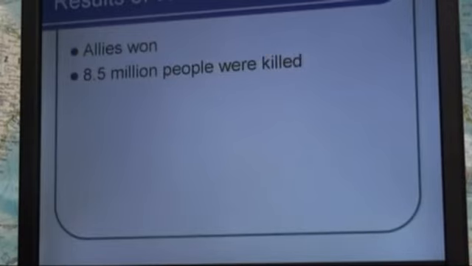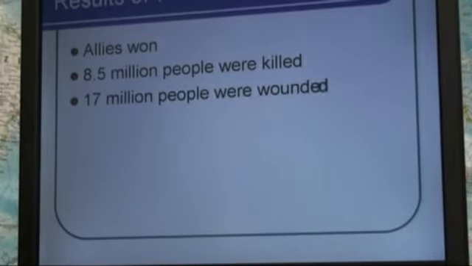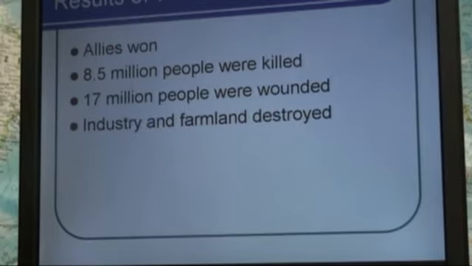Some of the results of World War I. Number one, the Allies won. The Central Powers lost. 8.5 million people were killed, and 17 million people were wounded. Industry and farmland was destroyed, including a lot of the animals that were on the farms.